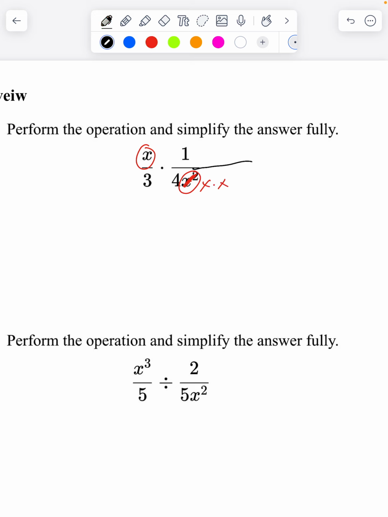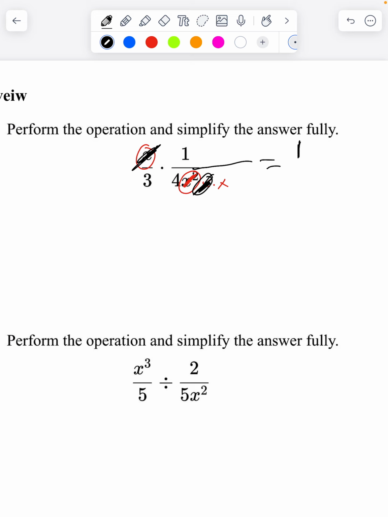I think that'll make it simpler. So then one of these x's and one of these x's would cancel. And then nothing else is going to cancel, so I'm just going to multiply everything. So this will just be 1 on top. And then 3 times 4 is 12 times x. So this will be 12x.